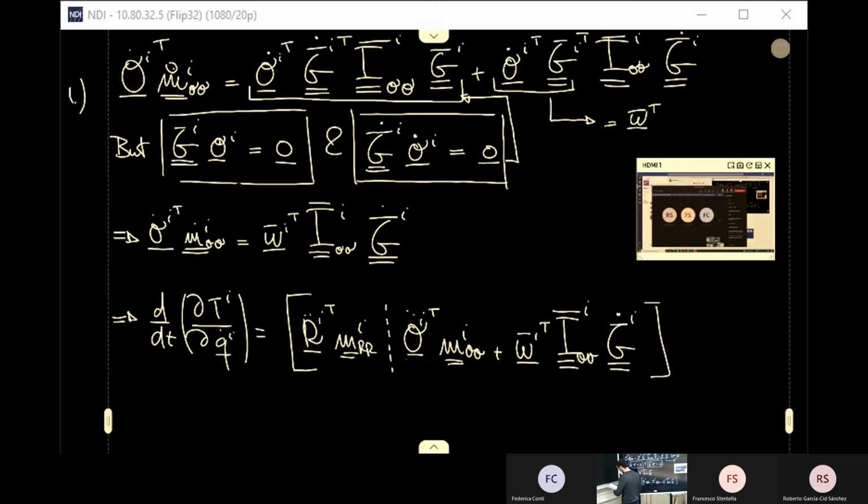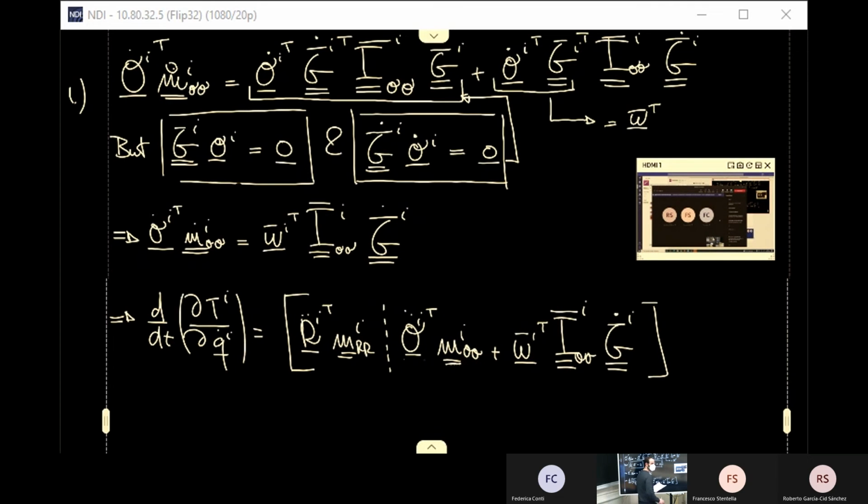I've just made the substitution in what was before. So this is the first part of our Lagrange equation. Then we have the second part.